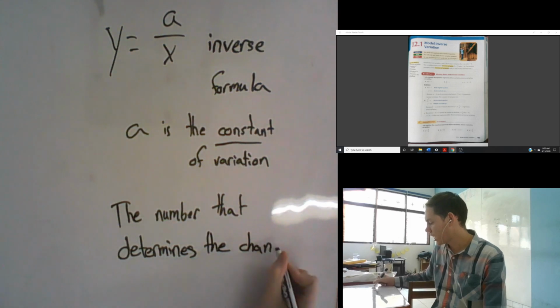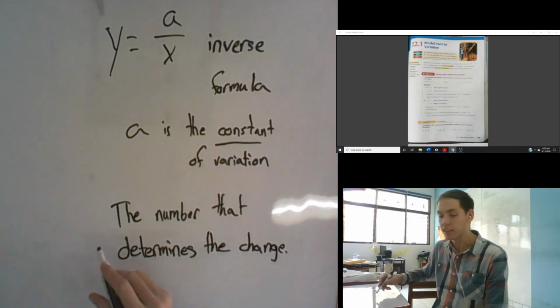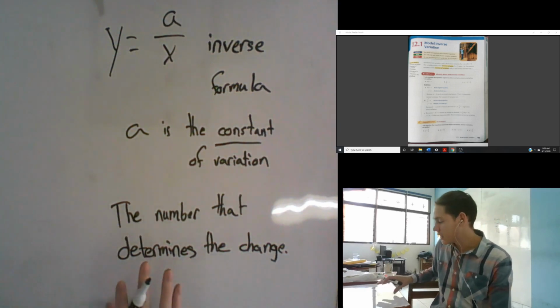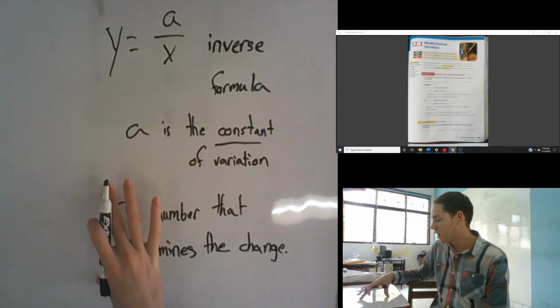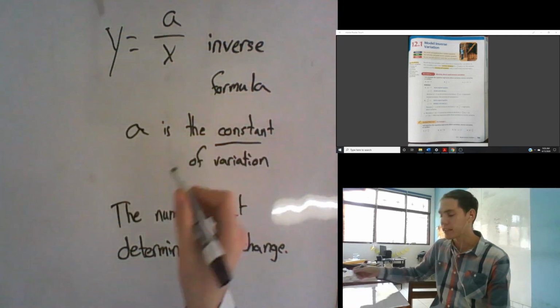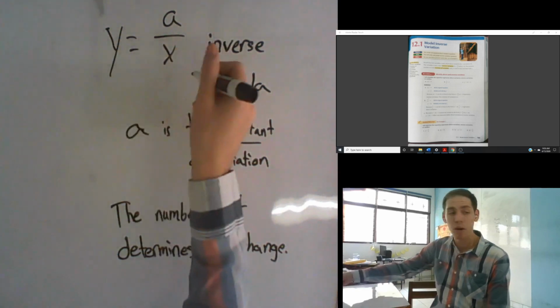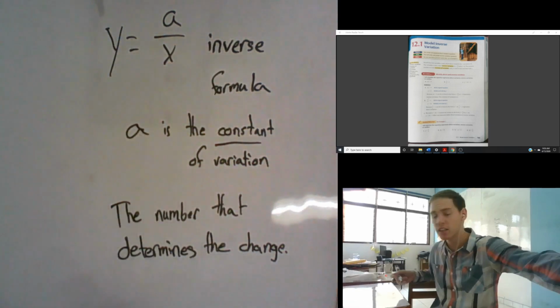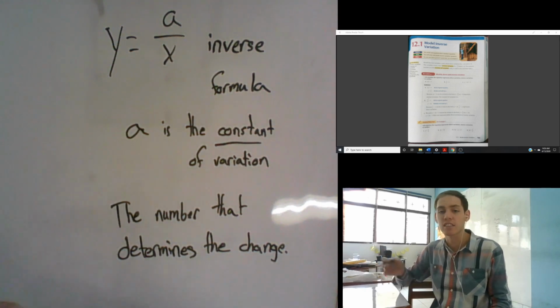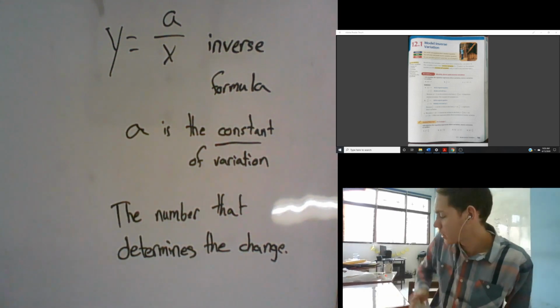So constant of variation literally means the number that determines the change. It doesn't mean that this number is changing, but that it affects how our x and y are going to change. So the constant of variation affects our x and y connection.